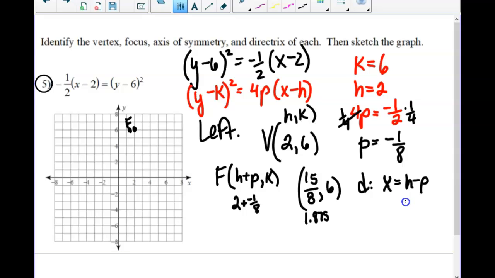So h was 2 minus, be careful, p is negative 1/8, right? 2 minus negative 1/8 is 2 plus 1/8, or 2.125, I think. Or 2 1/8 would be 17/8. Oops, and it's an equation. I don't know why I started to write ordered pair.